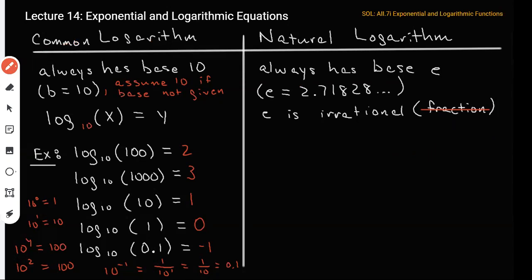It's always going to have that base of e. So that when we write the logarithm, we're going to write it as log base e of x is equal to y. So this is the logarithm that always has a base of e.